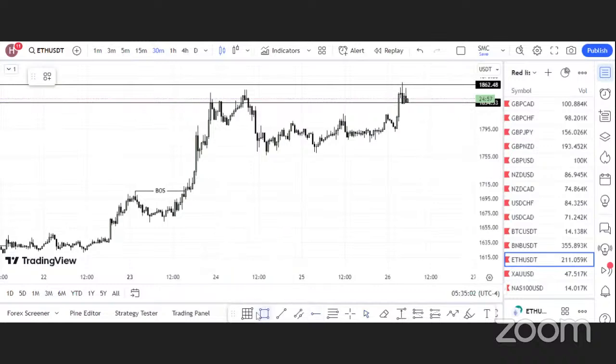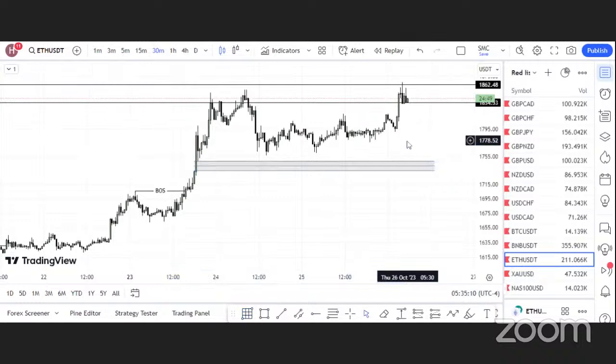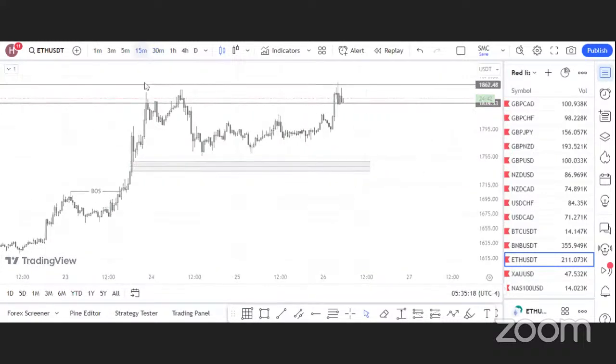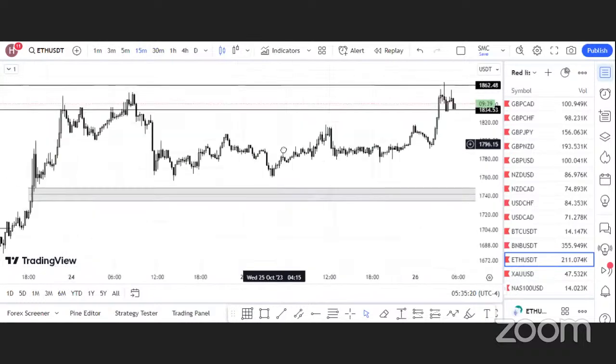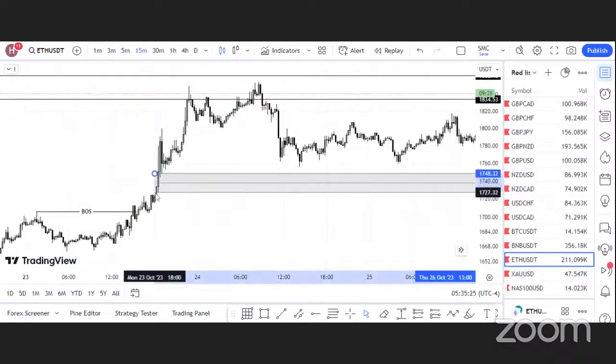So let me use this. So we got this area that is yet to be filled. Let's go to the 15 minutes time frame. Yeah, it aligns well. They align well.